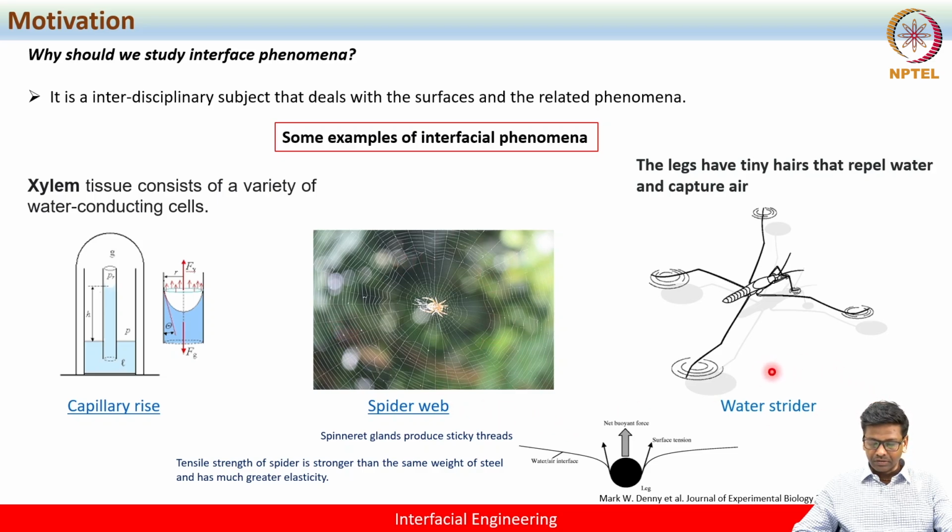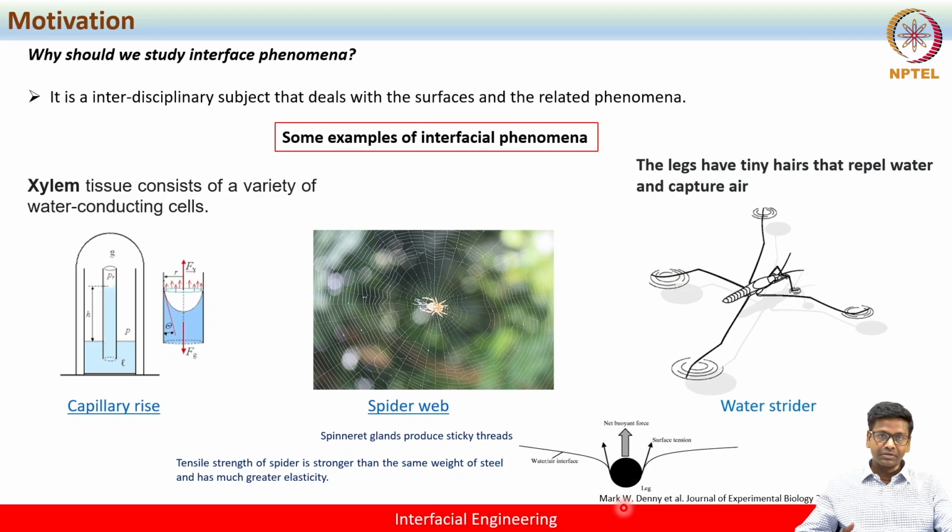The last one is the water strider. How do insects walk on water, right? It is because of what are known as the tiny hairs around its legs that repel water and capture air.